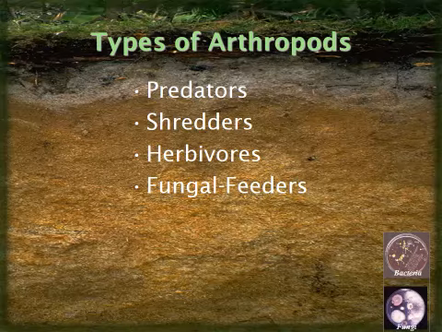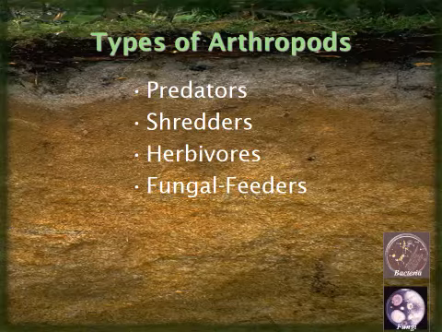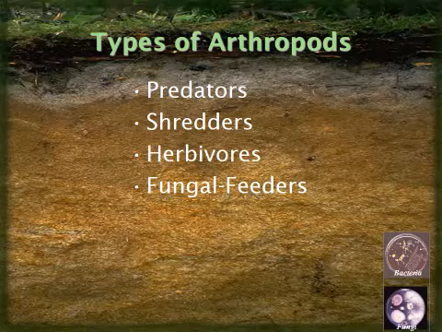Okay, so one of the types of organisms are arthropods. Okay, and there's several different varieties. There's predators, there's shredders, there's herbivores, there's fungal feeders. All these are different but important.